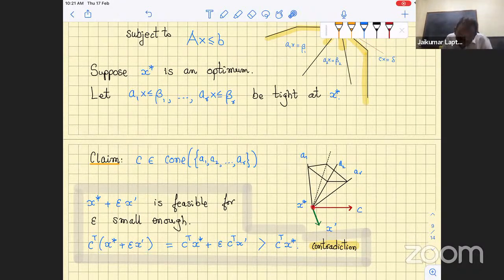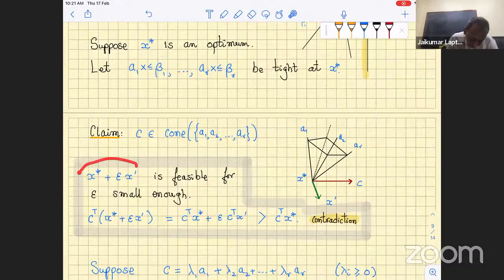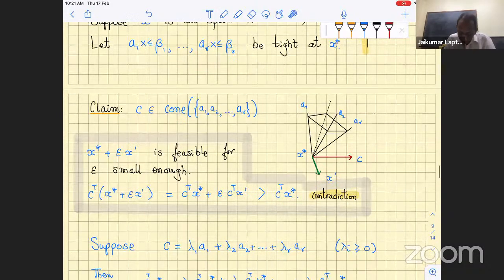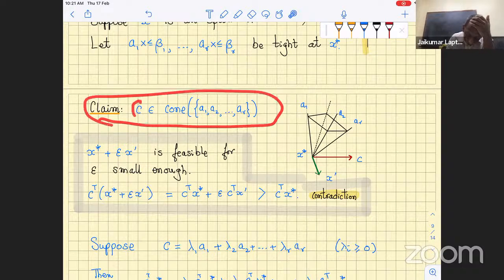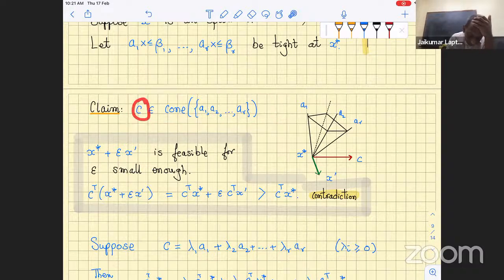Then if you perturb x star by x prime in this direction, you obtain a new point, x star plus a little epsilon times x prime. What happens to the objective function? I'm proving this claim: if this was the optimum solution, then the objective function better be trapped here.